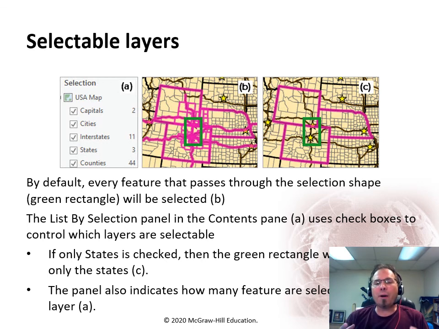So in order to maintain this type of interactive selection, if you have like 10 layers on your map and you go to select something with your mouse pointer, chances are you're going to select a lot of stuff. And what you can do is turn off and turn on which layers are selectable. If all you care about are the states, if I just need to quickly click on the state of Wisconsin, I can make the states the only selectable feature.